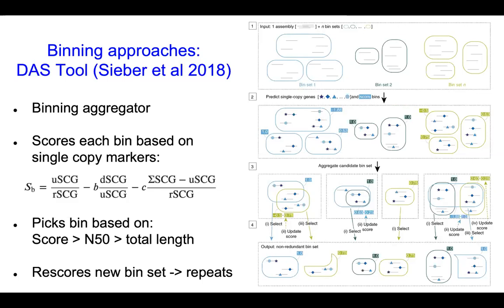What DAS Tool will do is assign each of the bins across your assembly a score. It's important to realize that the graph on the right-hand side shows bins in colored ellipses, and contigs in black stripes.